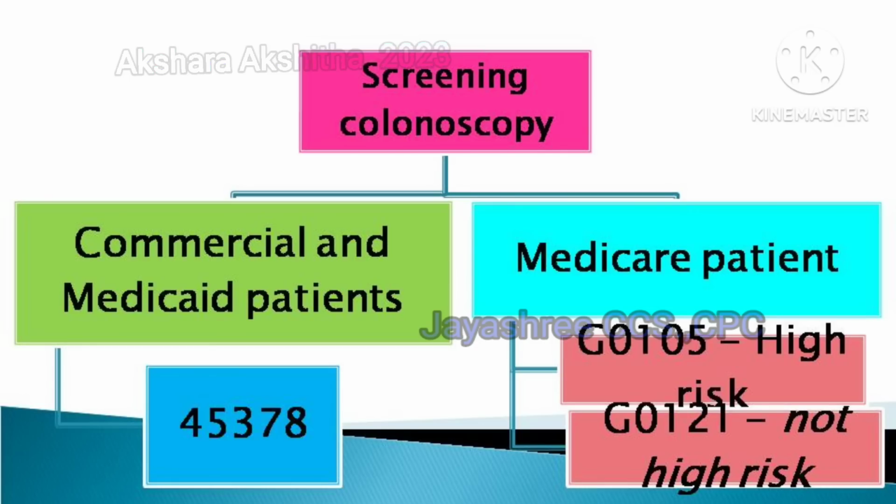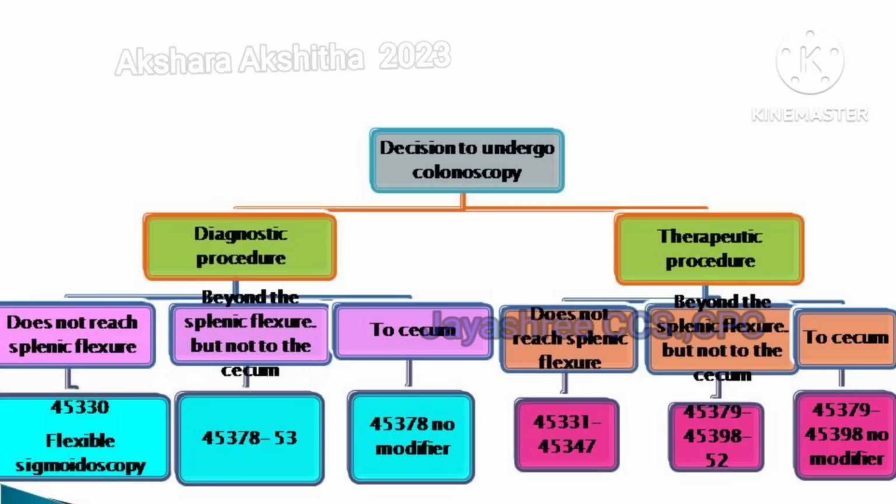Next point: if the colonoscopy reached the splenic flexure and beyond, but does not reach up to the cecum, then we code 45378 diagnostic colonoscopy with modifier 53.